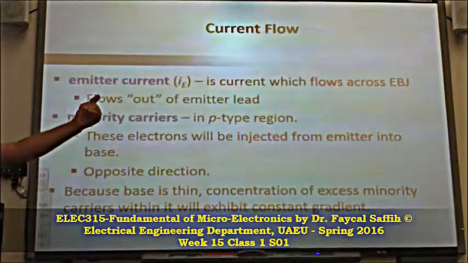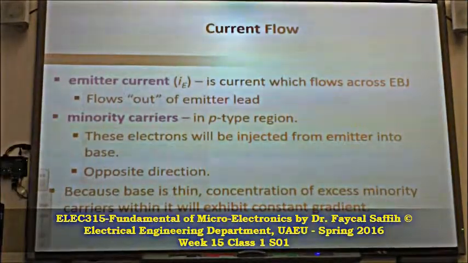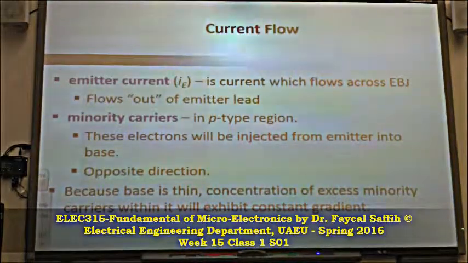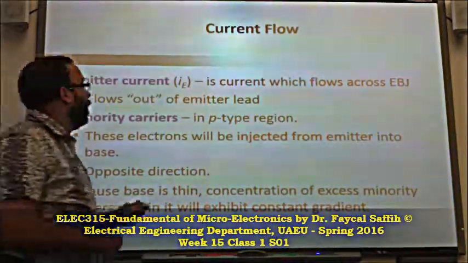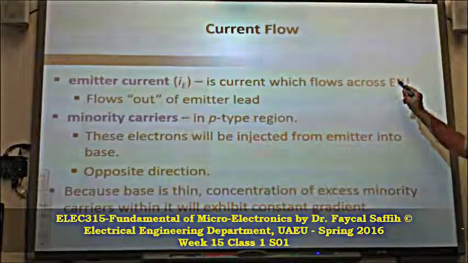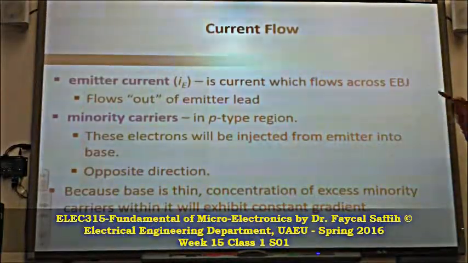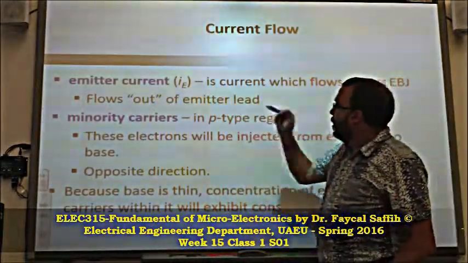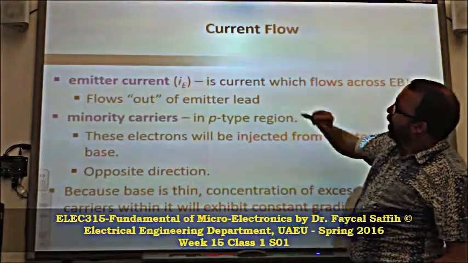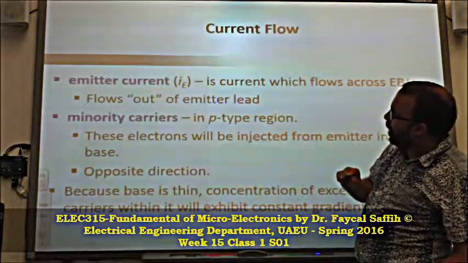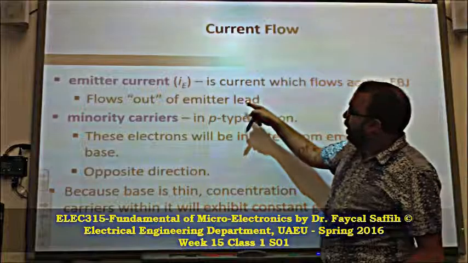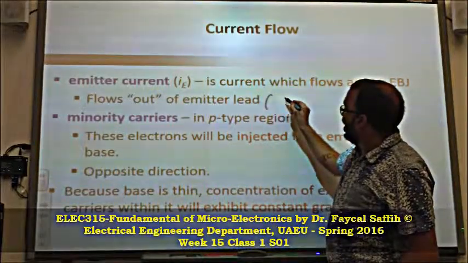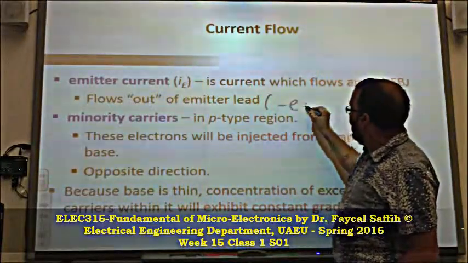Right? So that means the emitter current comes into the emitter terminal. Explain that. Very good. It is the current that flows across the emitter base junction. It flows out of the emitter lead. Here, out of the emitter lead, we mean the electrons. Do you understand? Electrons.